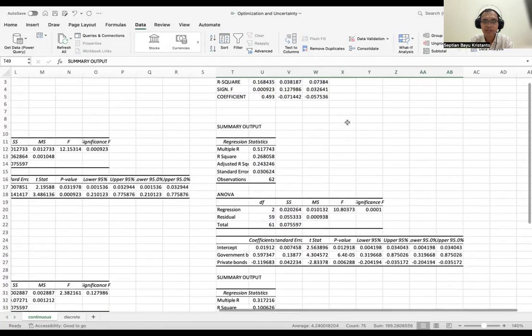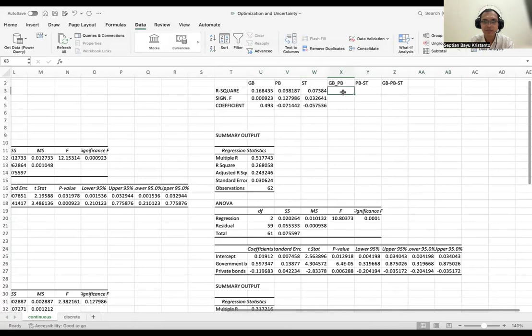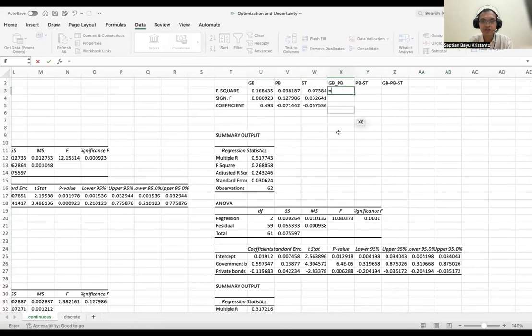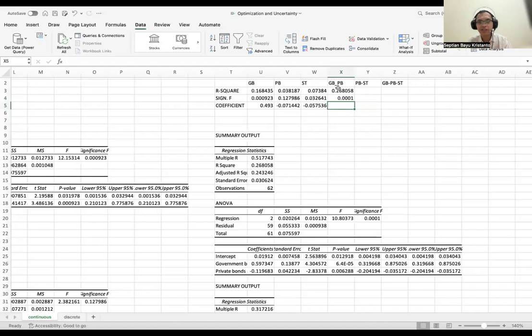Okay, let's make some analysis. Government bonds and private bonds: we have the R square here, the observations here, and the coefficients. The coefficient of government bonds and private bonds combines all of the coefficients here, so we need to make a sum function.